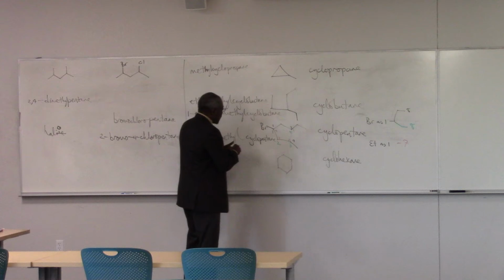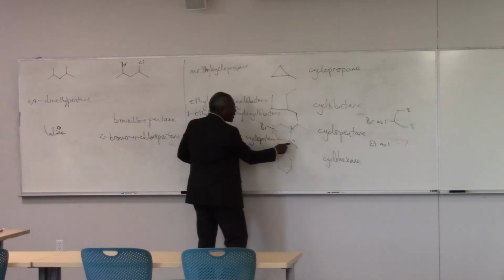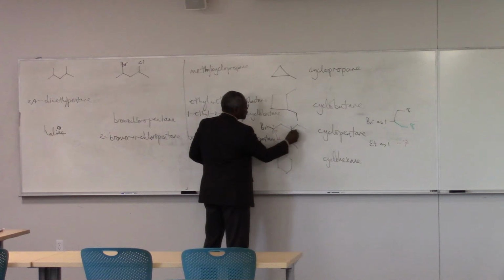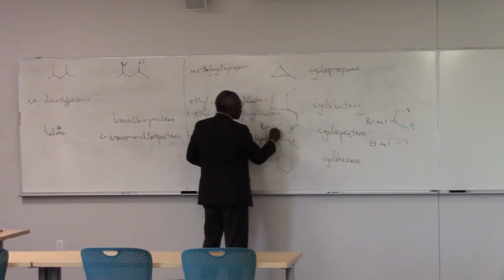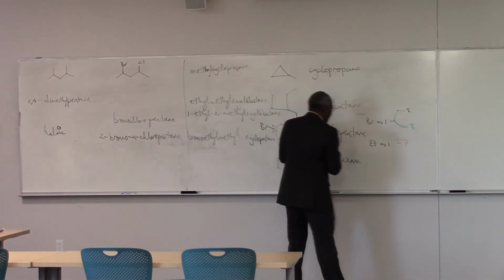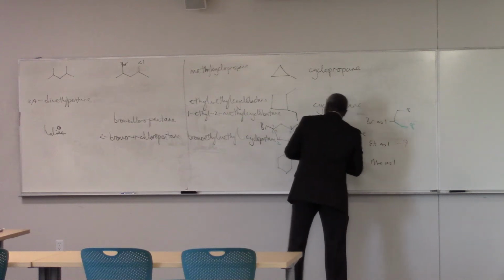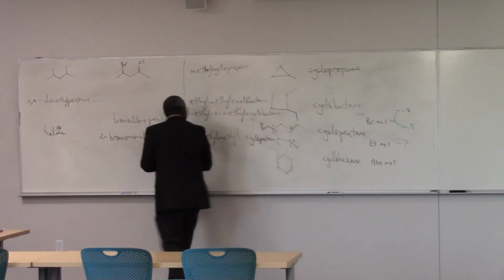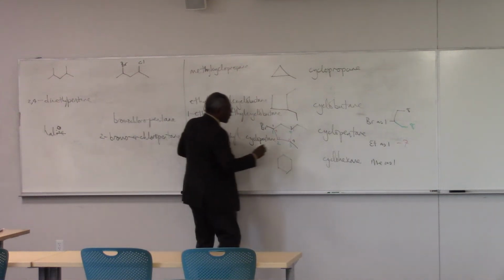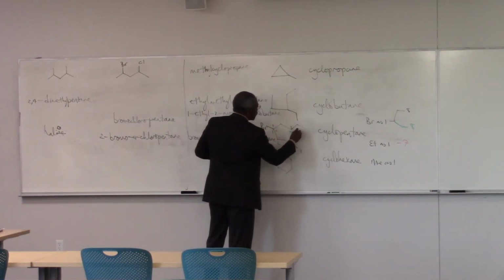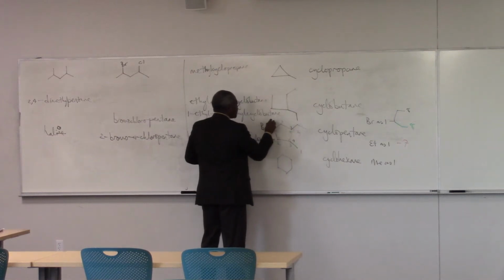Okay. Now, with my methyl as 1, if I go clockwise, I'll have 1, 2, 3, 4. I'm going to pick a different color, like blue. So my methyl is 1. I'm going to have 1, 2, 3, 4.